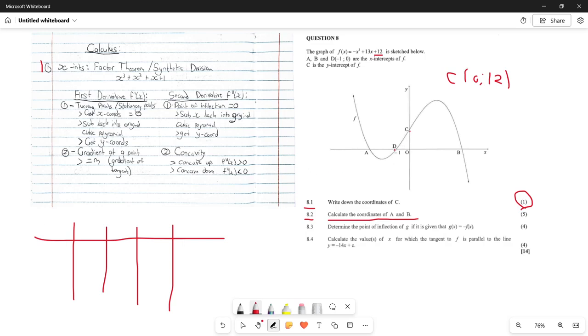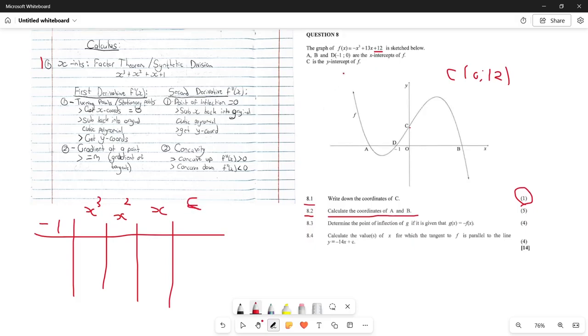So right now we have our negative 1. Our negative 1 is our root. We then have to bring down the actual values in front of our x cubed, our x squared, which we don't have in this case, which means that value is 0, our actual x value, and then the value without any x on it. Call this guy C. So right now, it means the actual value in front of my negative x cubed is minus 1.